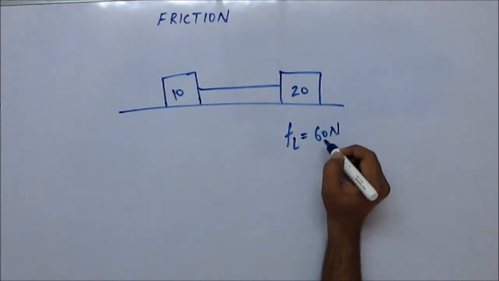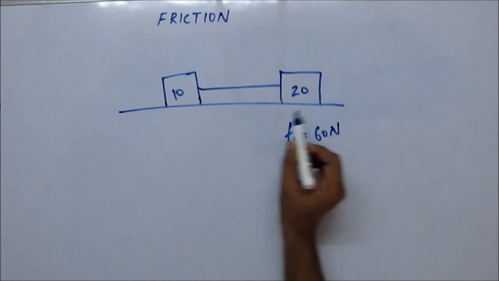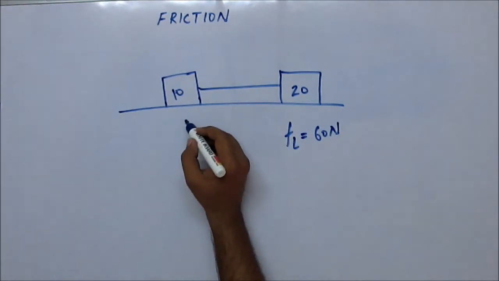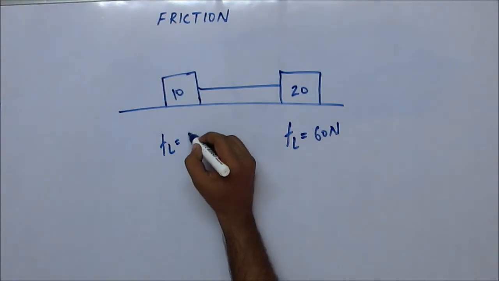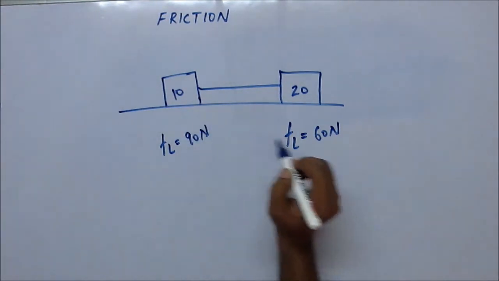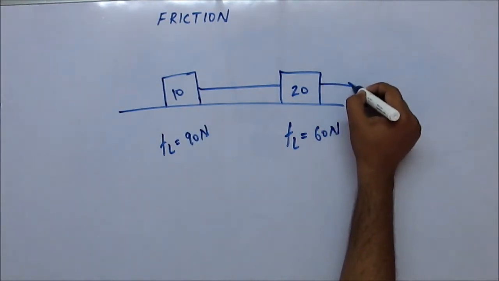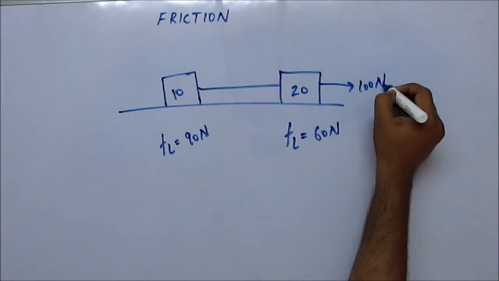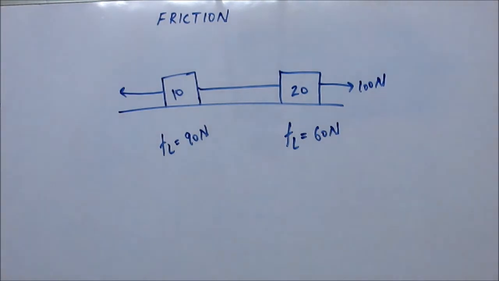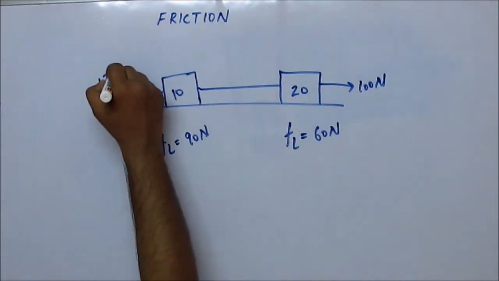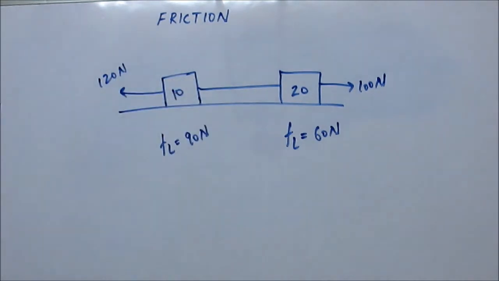Suppose between this block and the surface it is 60 Newton, and here it is 90 Newton. Now a force of 100 Newton is applied on the 20 kg block, and a force of 120 Newton is applied on the block of 10 kg like this.